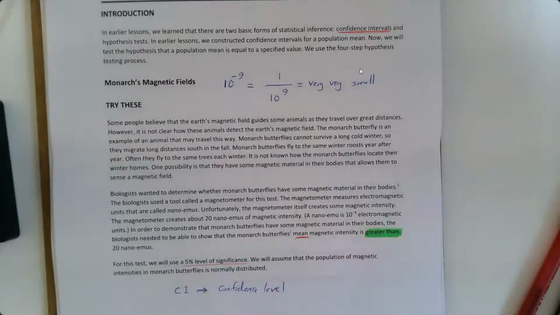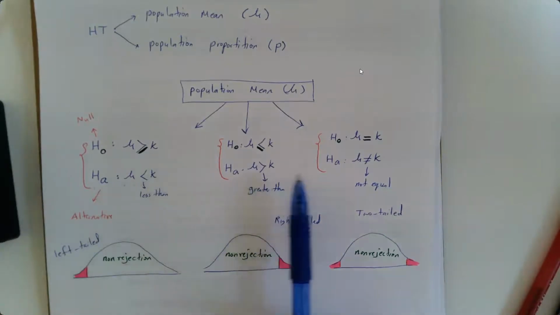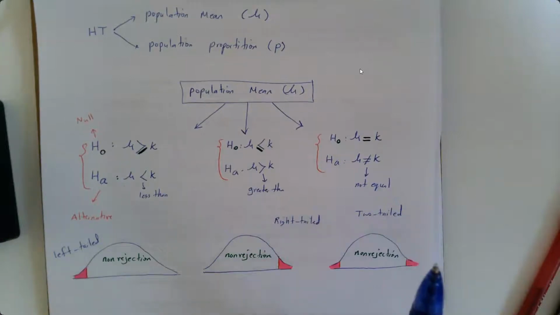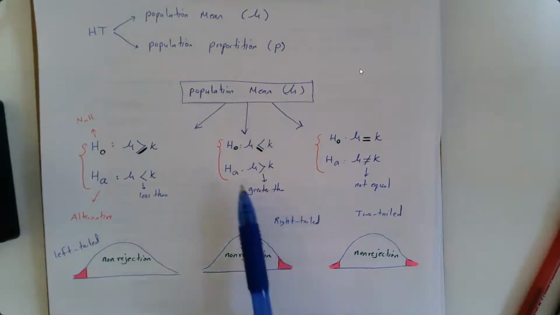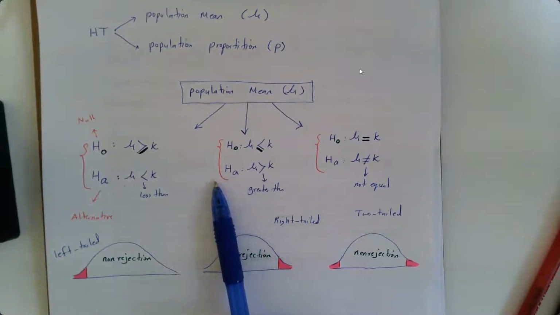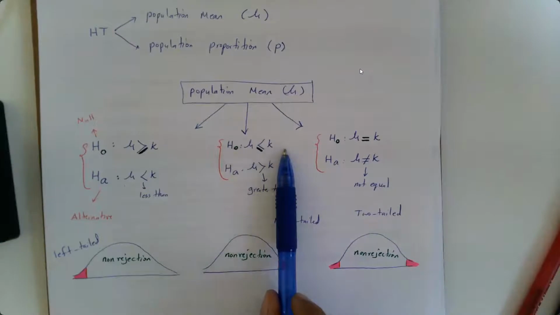So what is given to us? Greater than, which scenario is this? Is it the first scenario? Is this the second scenario? Is this the third scenario? It says greater than, the keyword is greater than, larger than. So what's given to us? Our alternative hypothesis is given to us in this example. So we can easily form the null hypothesis, which is less than or equal to.